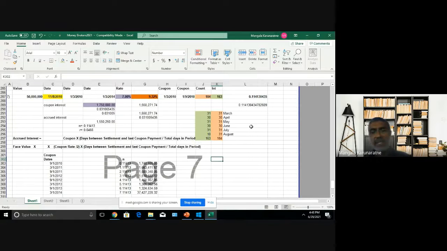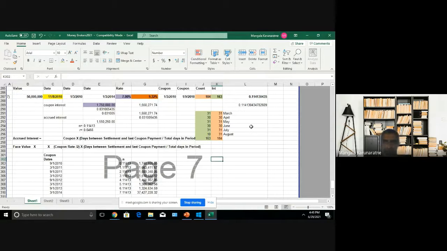During this tenure of this bond, there are coupon periods which have 184 days and 181 days, and there can be one for 182 days also.